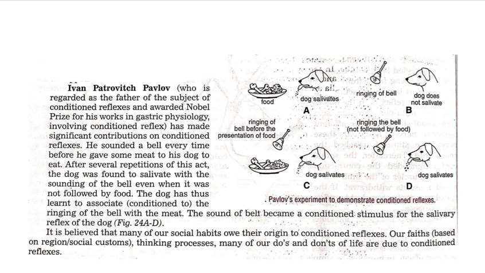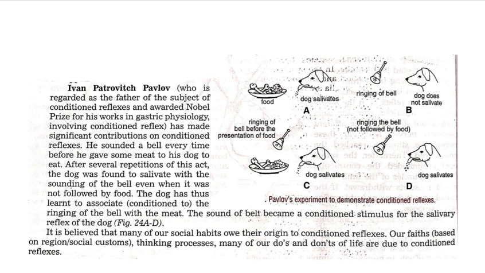He sounded a bell every time he gave some meat to his dog to eat. After several repetitions of this act, the dog was found to salivate at the sounding of the bell even when it was not followed by food.